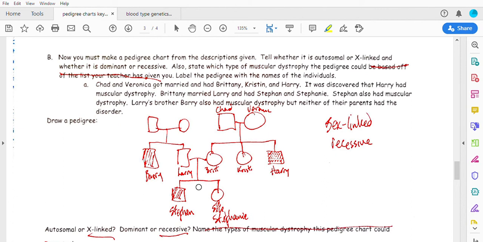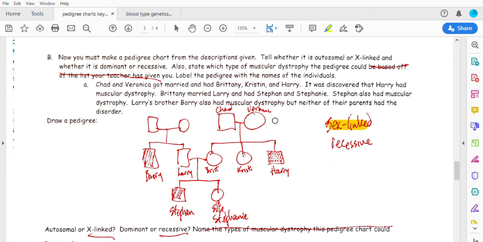Stephen also had muscular dystrophy. Larry's brother also had muscular dystrophy, but neither of their parents had the disorder. So it did not show up here, did not show up here, and then showed up here and showed up here. The idea of this showing up in boys is what tells us that it's sex-linked and that it's recessive.